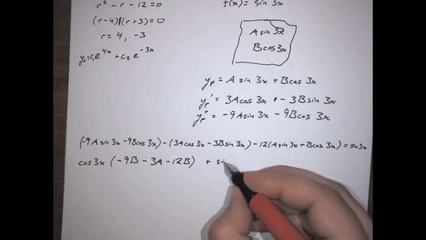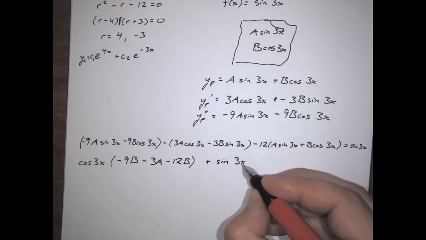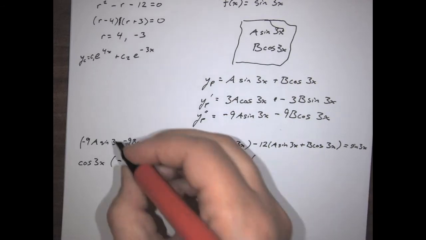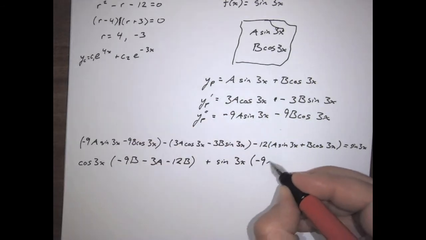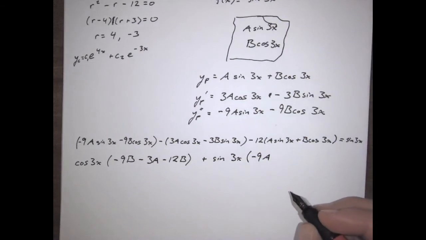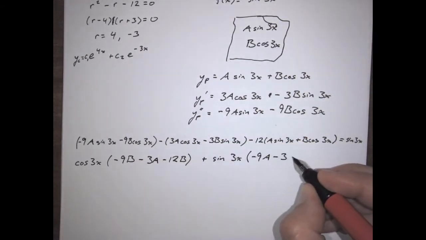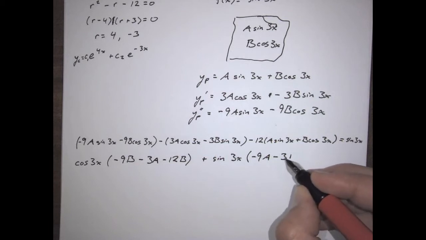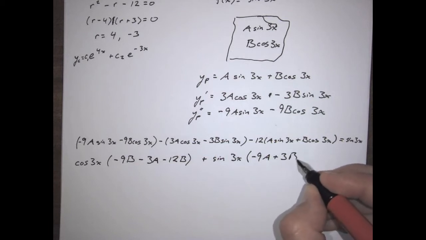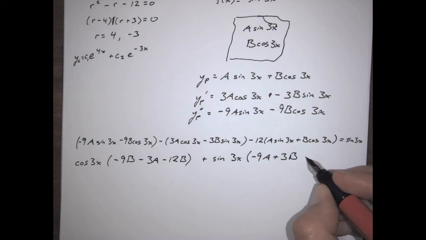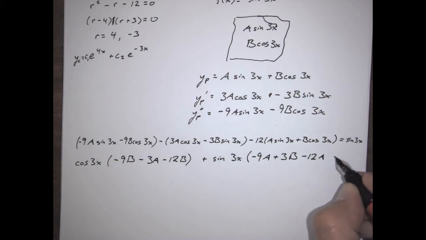And then for the sine 3x, we're going to have minus 9a, from right here minus 3 times minus 3b, which gives plus 3b, and then over here minus 12a, is equal to sine 3x.